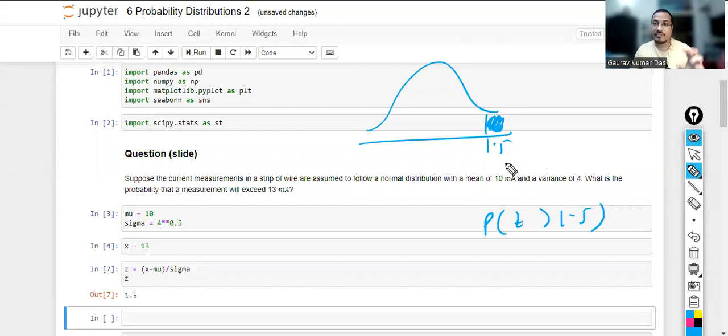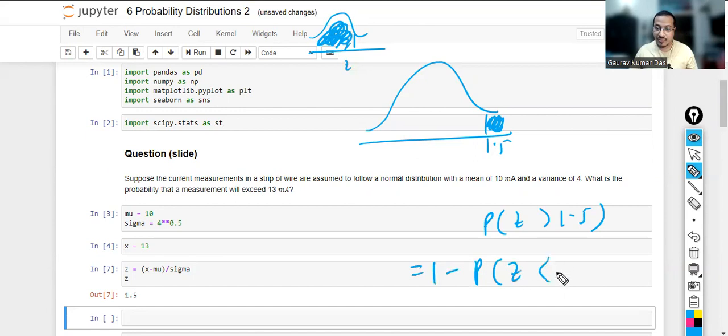Just like in the table, where we have all the probabilities for z less than a particular value of z, always less than values are given, similarly in Python inbuilt functions also, less than values are given. So I have to convert this to a format where I can calculate probabilities of z less than a particular value. Same thing which we had done before.